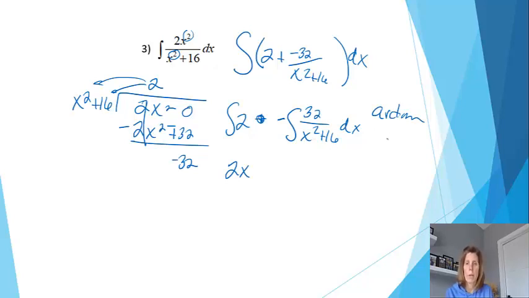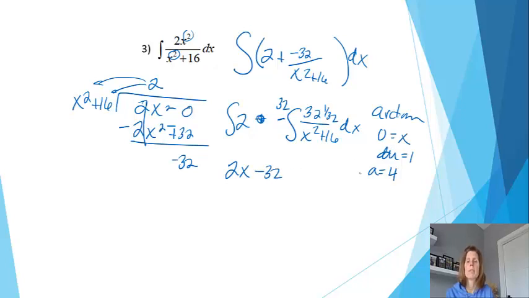So on this one, we want to identify our u would be x, our du would be 1, but we have a 32, so I'm going to multiply by 1 over 32 on the inside, 32 on the outside, and then my a, if 16 is a squared, a would be 4. So remember in my arctan problem, I'm going to bring down that 32.